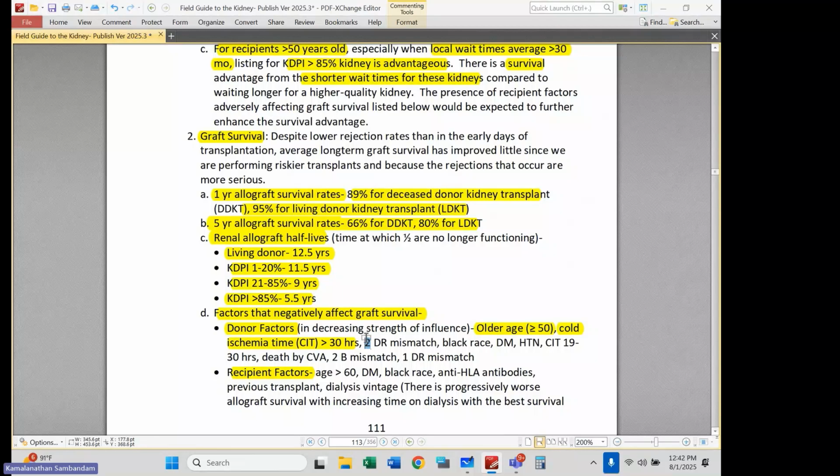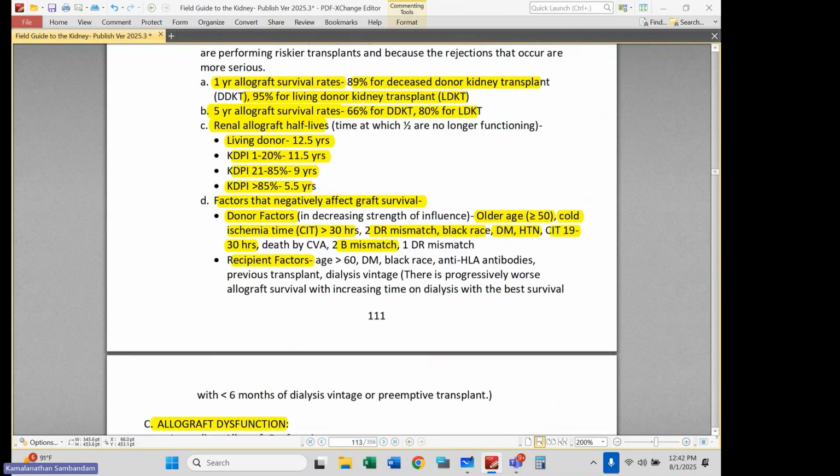But again, those are things that can affect the long-term allograft survival. Okay. We talked about the DR mismatch, right? And so you get extra points for matching at DR. We talked about the B mismatch, but we said this was taken out of the allocation schema because it adversely impacted African Americans. A donor kidney from a Black donor, diabetes and high blood pressure in the donor, these intermediate cold ischemia times, those also seem to have a detectable effect on allograft survival.